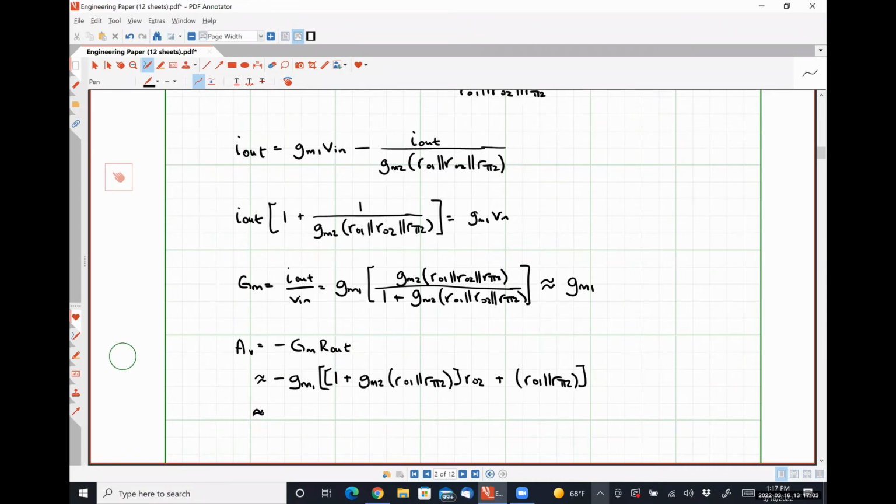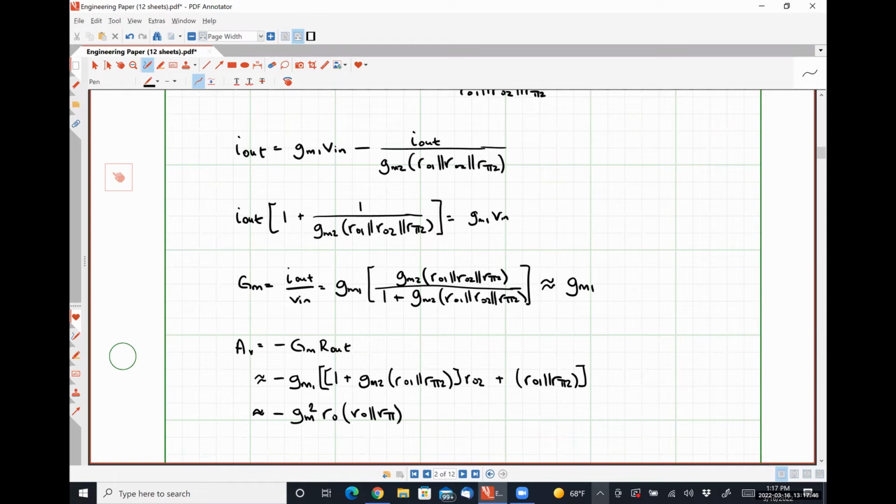When GM1 and GM2 are roughly equal, that makes R pi 1 and R pi 2 roughly equal. And if we have the same early voltages, that means R01 and R02 are the same thing. We can greatly reduce this down to GM squared times R0 times R0 in parallel with R pi, which means we have increased the gain of our common emitter stage by a factor of GM times R0 in parallel with R pi.